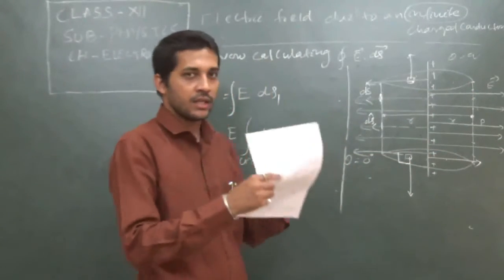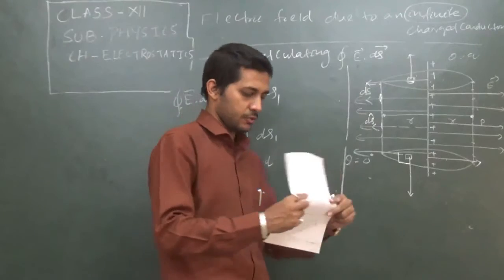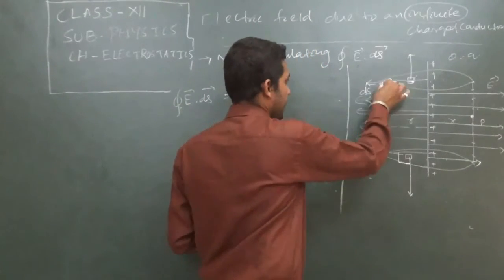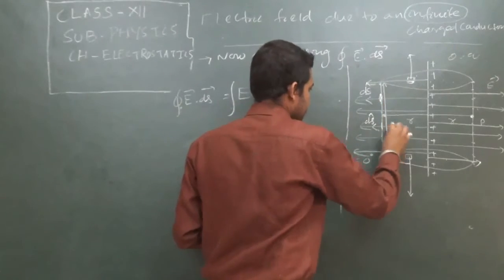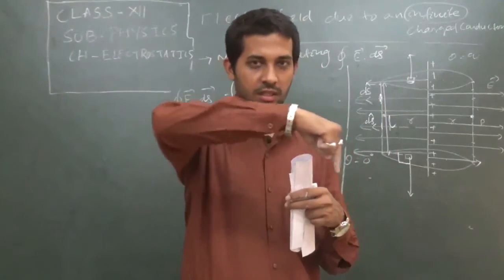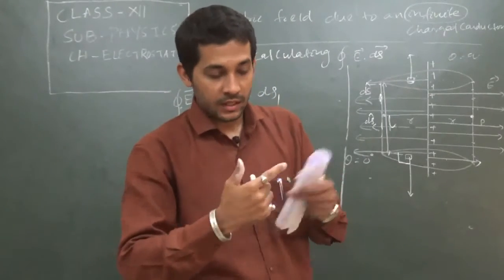When we open it, let us say its length is L. This curved one is in the form of a circle, so the circumference will be 2 pi r.